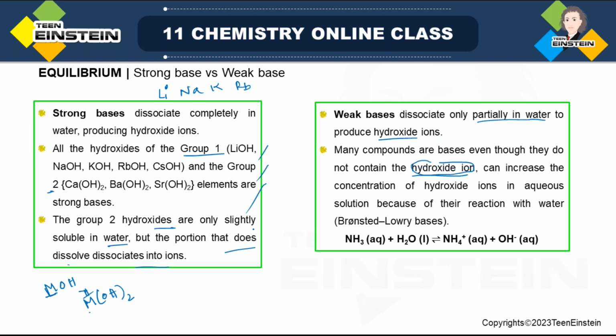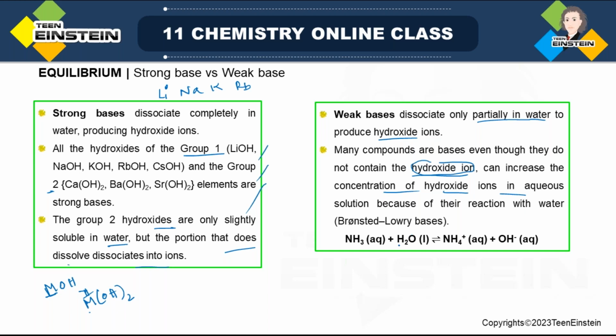In those cases, though they are not carrying hydroxide ion, they can increase the concentration of hydroxide ion in aqueous solution because of their reaction with water. And they are basically Bronsted-Lowry bases.